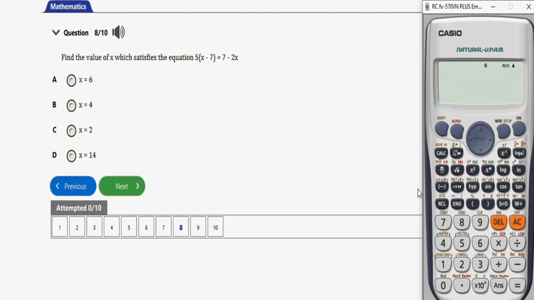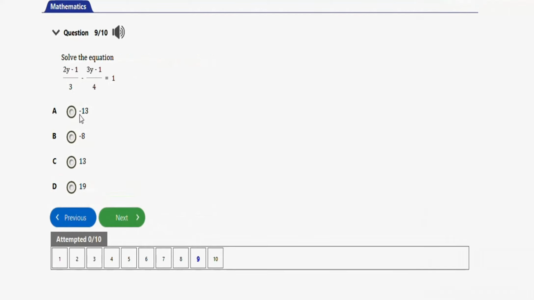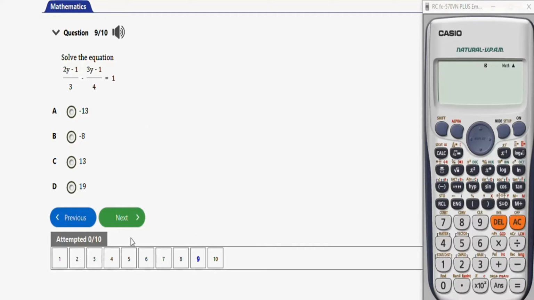The next question will be this one, question 9. It says solve the equation. Also very simple. Let's bring the calculator. For this question, I'm going to replace our y with x in the calculator. That's the only thing we have to do, but the same procedure, because x is a variable the calculator recognizes for this kind of questions.